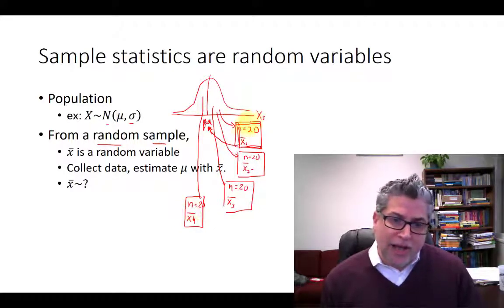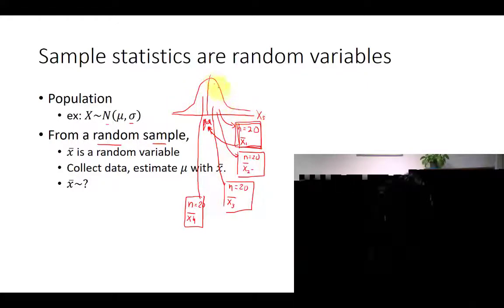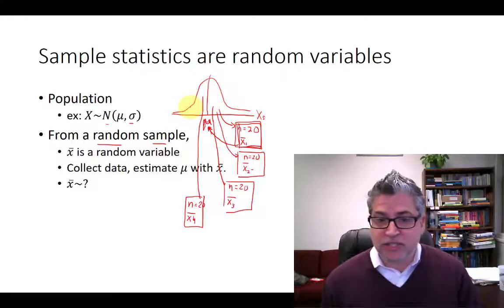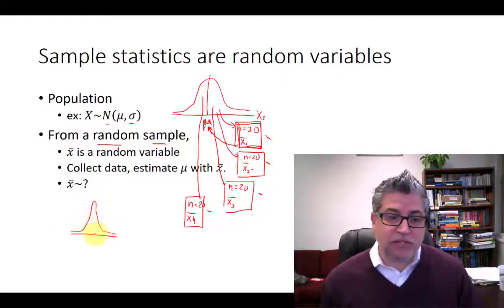So I'd like for us to go from thinking about the distribution of the individuals in the underlying population, so the distribution of X, to thinking about the distribution of all of these terms that come from X, the distribution of X bars. Now this is going to have its own probability distribution. It's going to have its own mean and its own standard deviation.